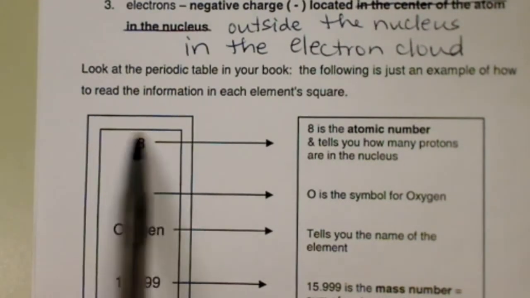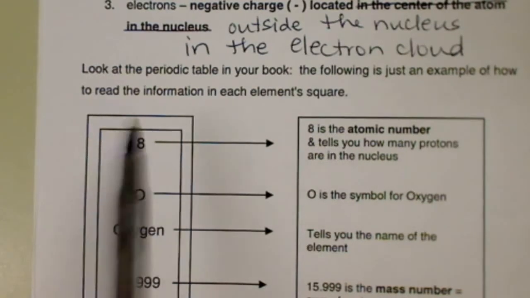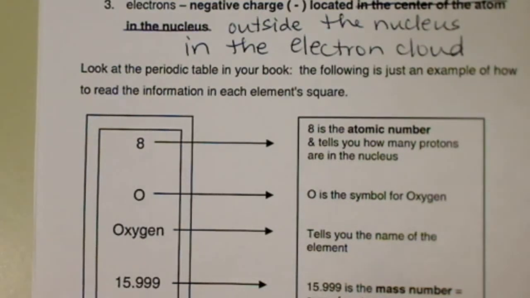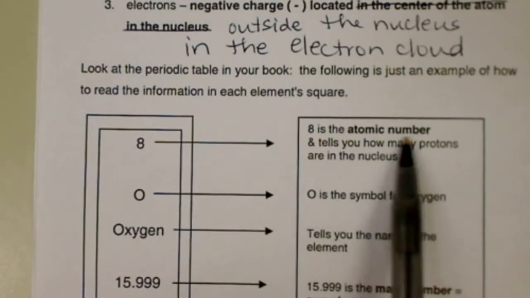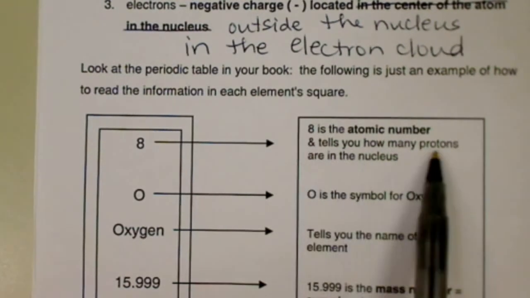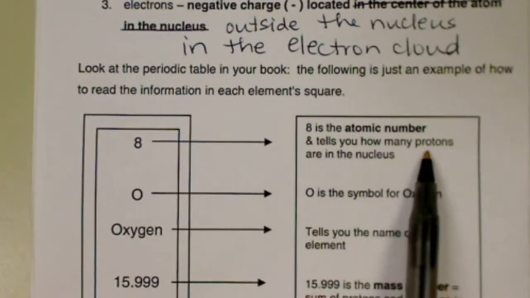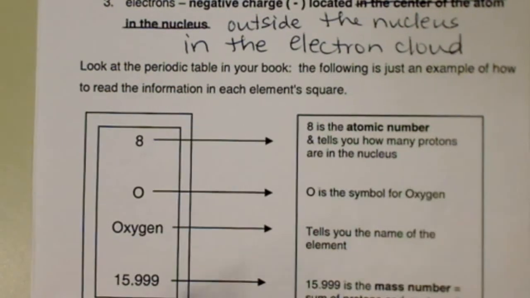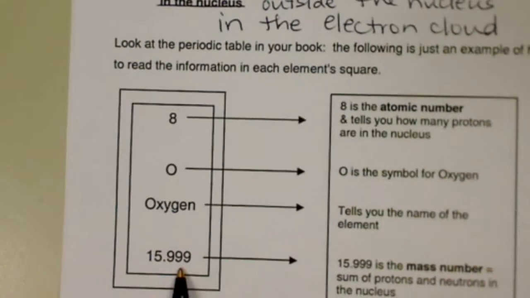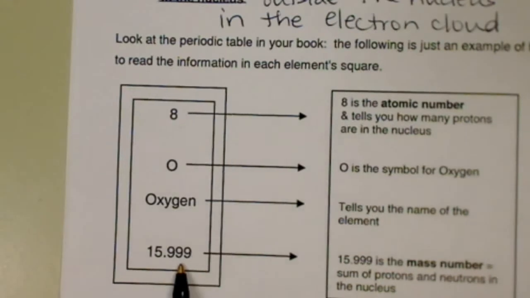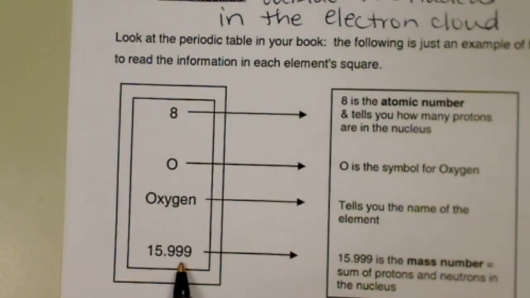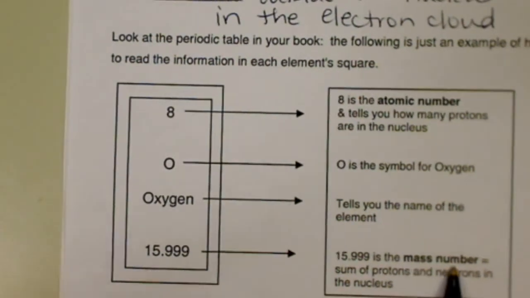The whole number, the one that looks like it's numbering the elements, is called the atomic number, and it tells you how many protons are in the nucleus. This other number, which when we get ready to use it, we're going to round, is the mass number.